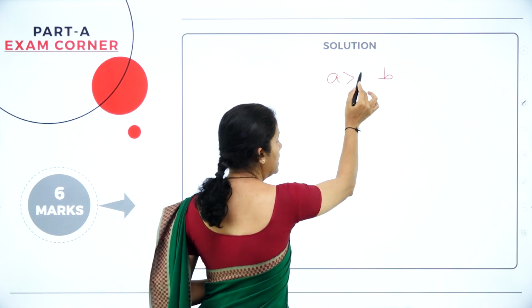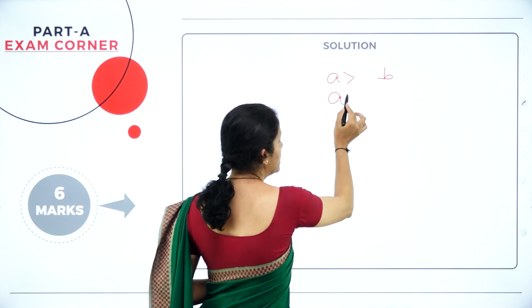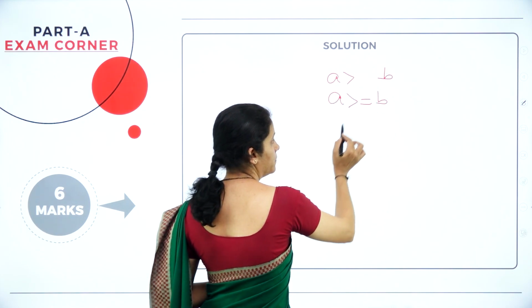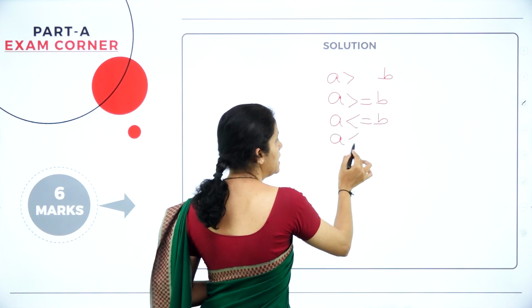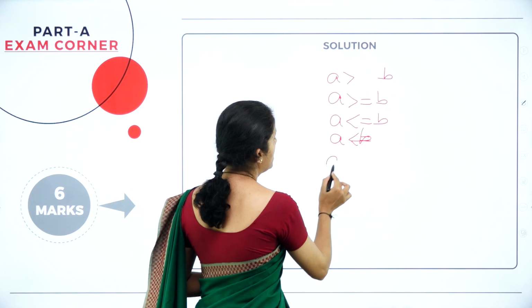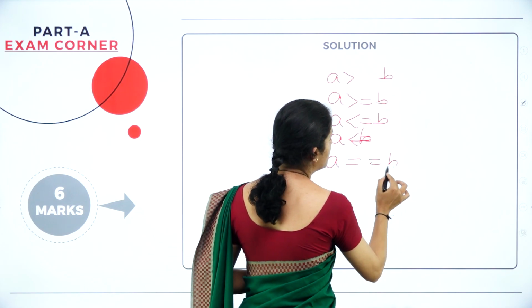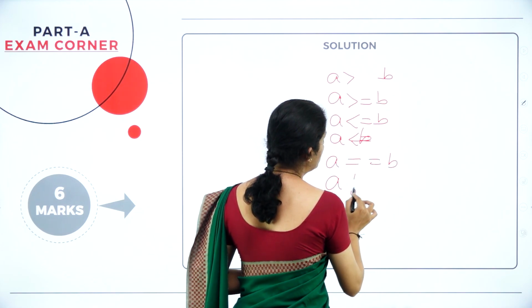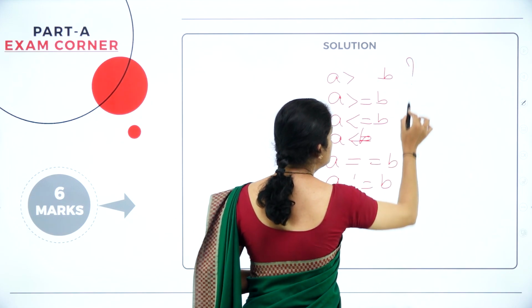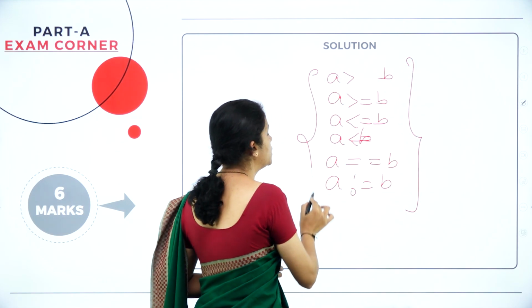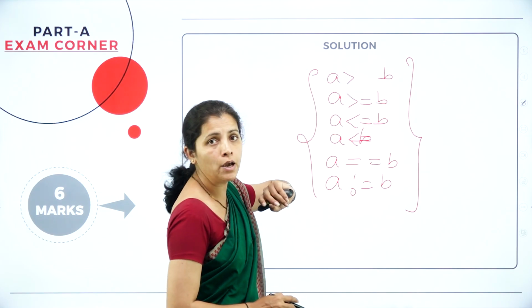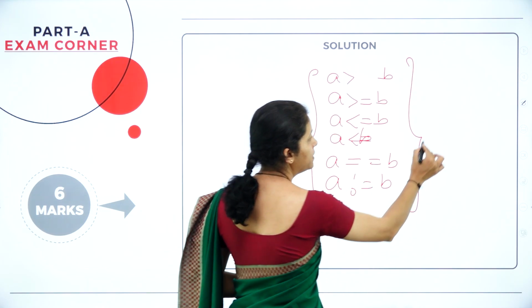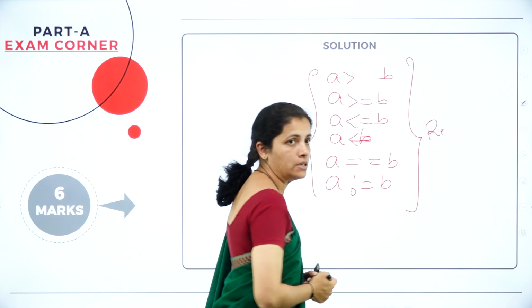A greater than B, A greater than or equal to B, A less than or equal to B, A less than B, A equal to B or A not equal to B. So this represents the relationship between two variables. Variables are nothing but the operands. So these are the examples for relational operators.